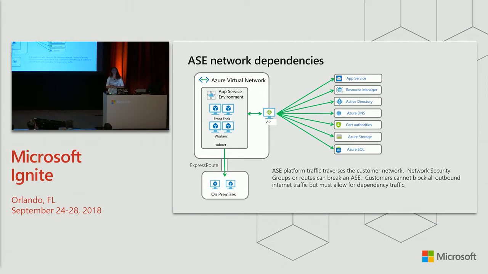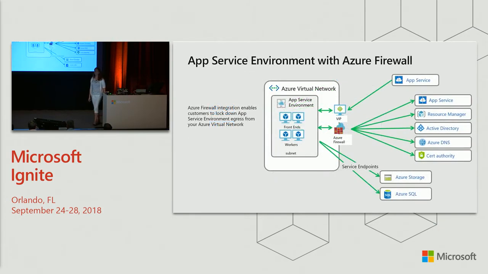ACE networking dependencies. For those of you with ACEs, do all the dependencies irritate your security teams? No? Nobody? I don't know why we did this. All right, we did an integration with Azure Firewall. We are putting out a document that should be out, I think, tomorrow that lists the FQDNs that we depend on.